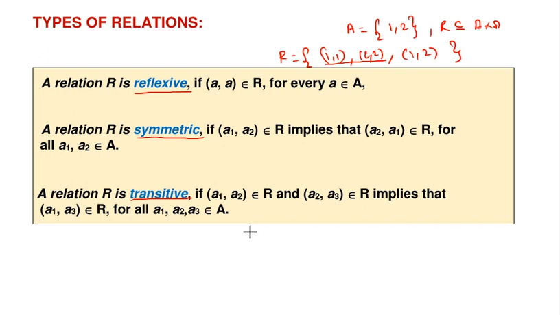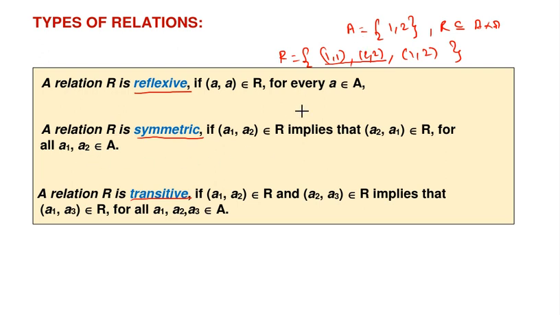Then what is the meaning of reflexive relation? For every element of A, x equal to 1 or x equal to 2, 1 comma 1 and 2 comma 2 should be members of the relation R. If 1 comma 1 belongs to R, but 2 comma 2 does not belong to R, we cannot accept R as a reflexive relation.